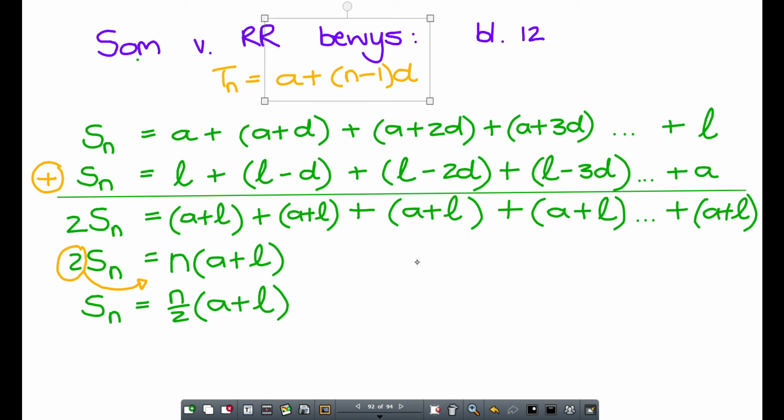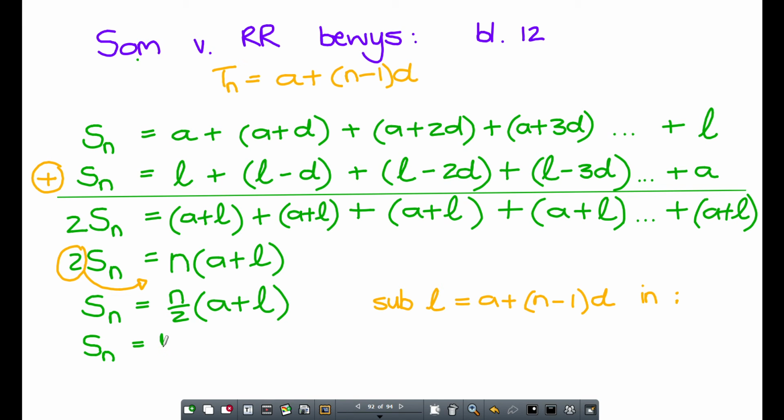Okay, so instead of L, I'm going to write for you quickly, say, I'm going to write the L is equal to A plus N minus 1 D. Okay, so if I substitute it, then I will have the sum of N is equal to N over 2, A plus, and now instead of L, I'm going to say A plus N minus 1 D. Does that make sense?